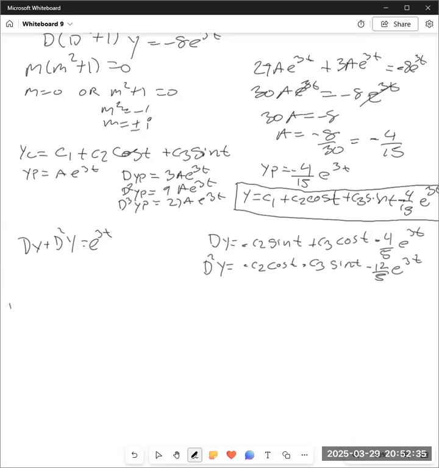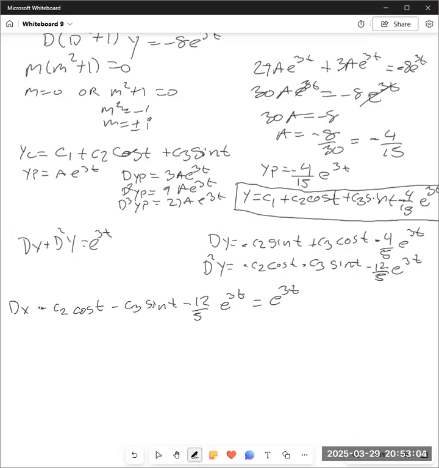So dx plus all this, so that's minus c2 cosine t minus c3 sine of t minus 12/5 e to the 3t is equal to e to the 3t. So let's go ahead and move everything to the right-hand side.